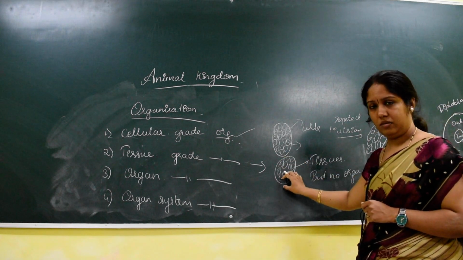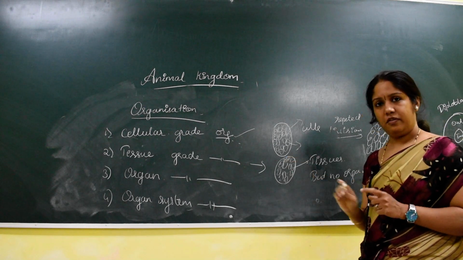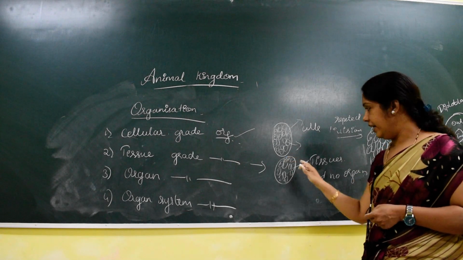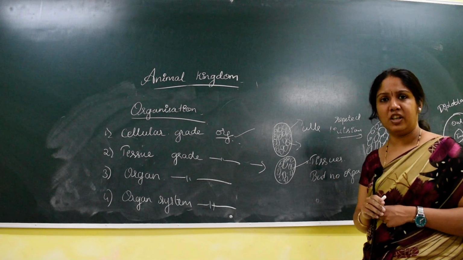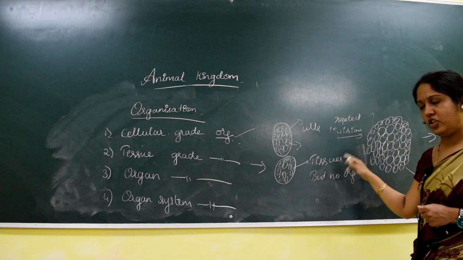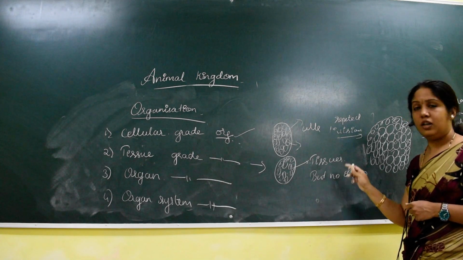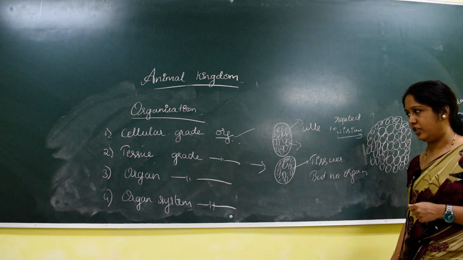Different tissues are there. The tissue in turn is made up of numerous cells. Different types of tissues are there, and each tissue performs different functions. So hence there are several tissues, but there is no formation of organ in tissue grade of organization.